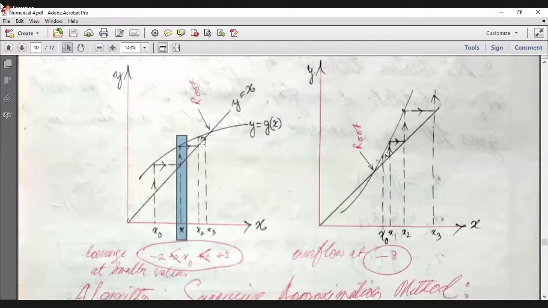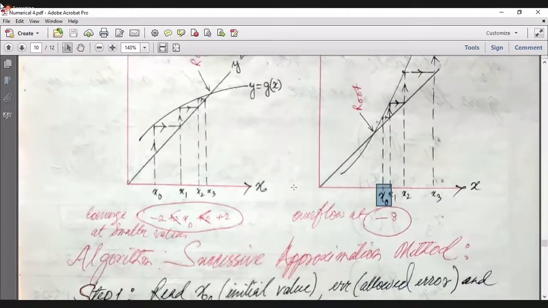By doing this, we can come to this point. In the second diagram, what I want to show you is that if we start with our initial guess outside, it will diverge like this, so we cannot converge to the requirements. So in this case also, choosing the starting point is very important.